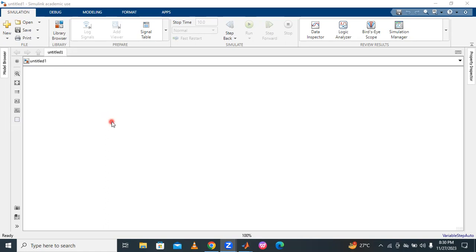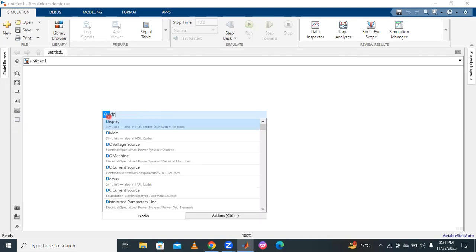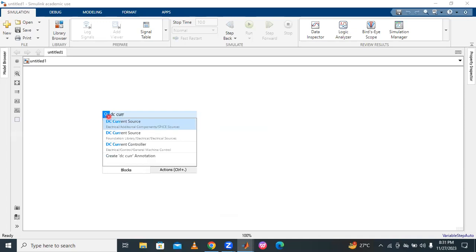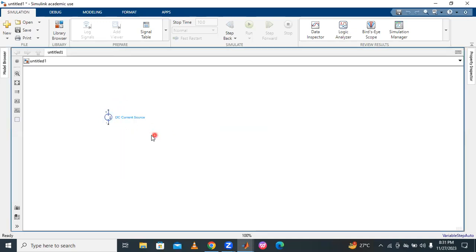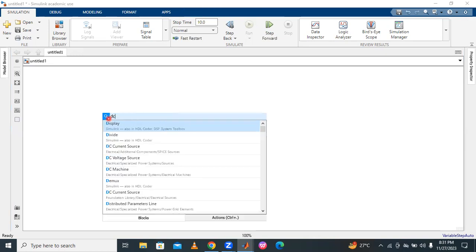Here, this is called a DC current source.